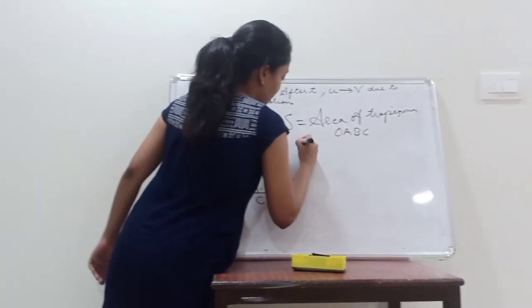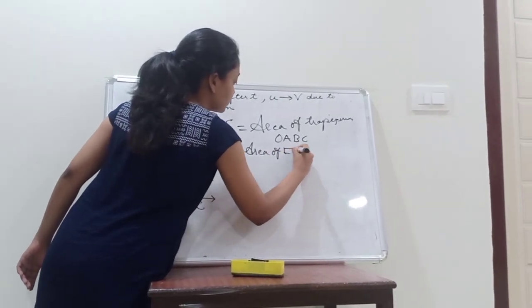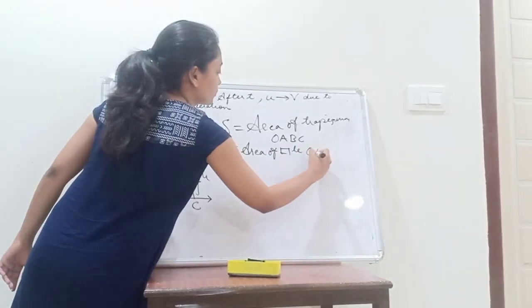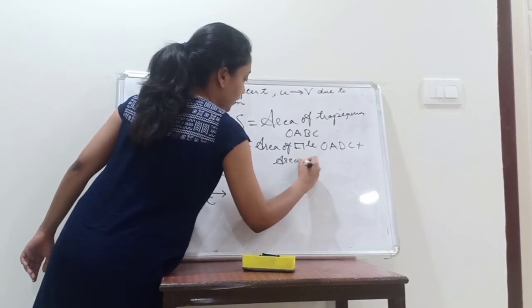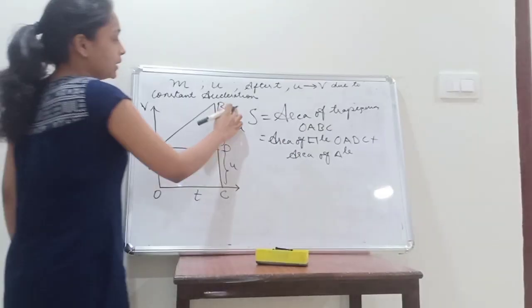So area of trapezium OABC can be written as area of rectangle OADC plus area of triangle ADB.